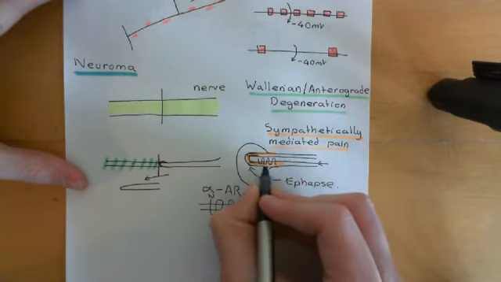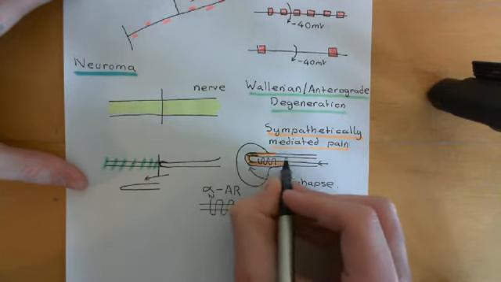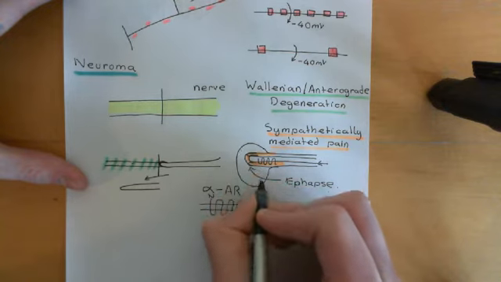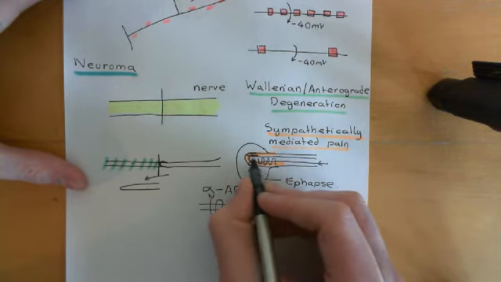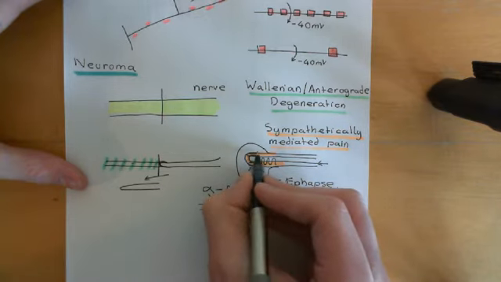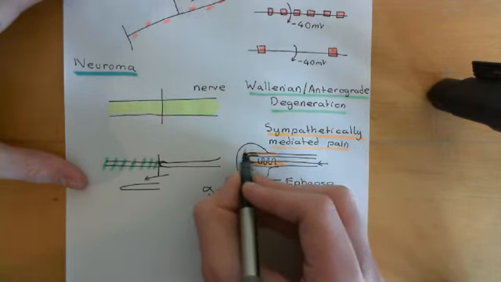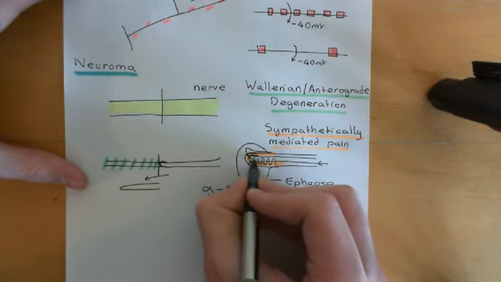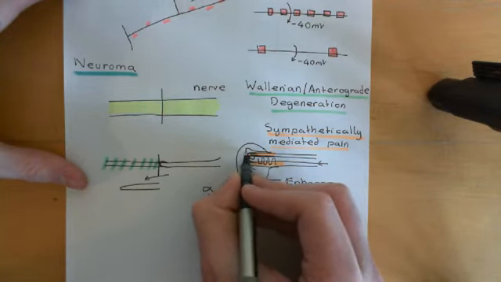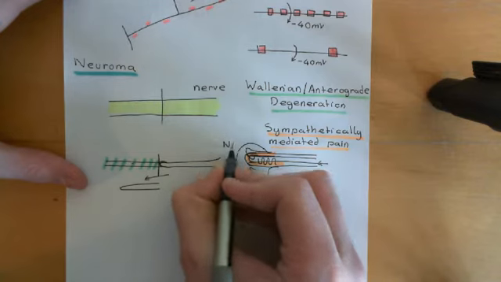This is a separate mechanism now. What ends up happening is neuromas end up highly sympathetically innervated. Some of these sympathetic stumps that are growing into the neuroma end up remaking axon terminals, which will release the neurotransmitter noradrenaline.